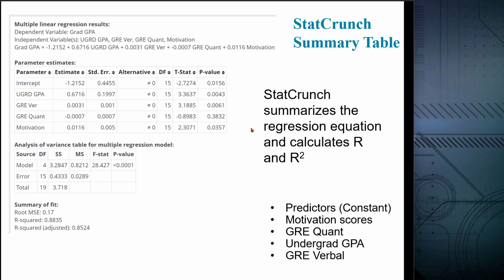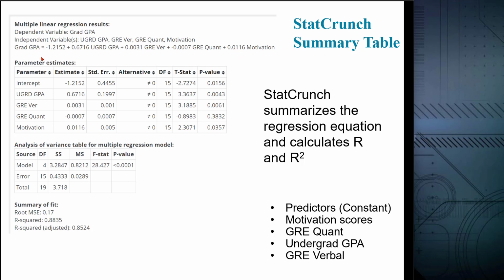So, we can take the individual values of X for each variable, such as an undergraduate GPA score of 3.5, and plug its contribution into the calculation of the outcome, the Y outcome, or the grad GPA value in this case, by just multiplying the 3.5 times 0.6716. We then repeat that for each predictor based on the B in the equation, or the weights of each contributor, and we can predict the grad GPA.